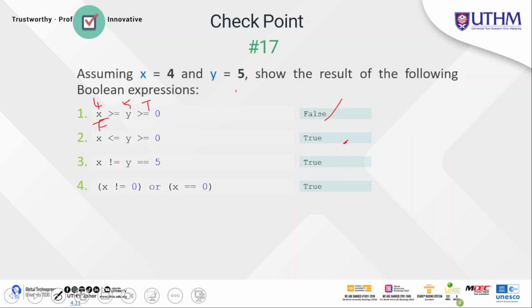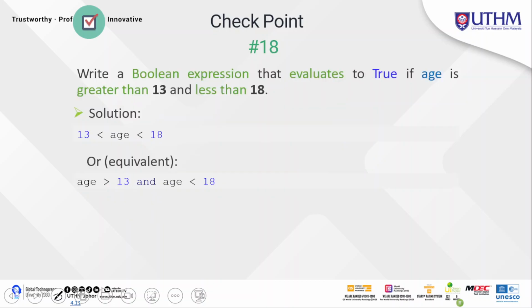Y not equal to x means y is 5, x equal to 4, so both are not equal. One is true, another one is true, so we got true. The last one, x not equal to 0 or x equal to 0. This condition is true, this one is false, so we'll get true because of the or statement.